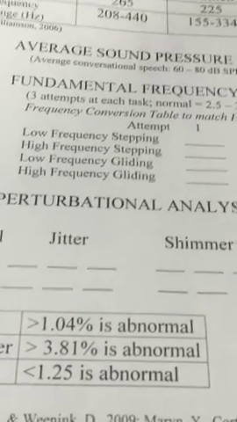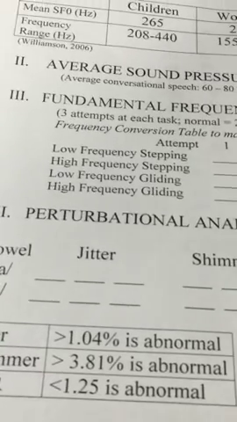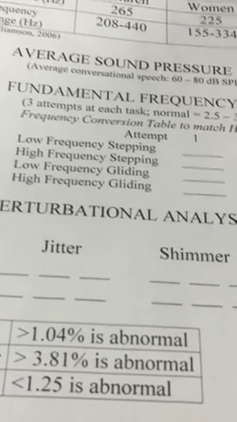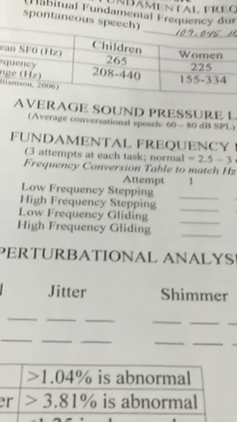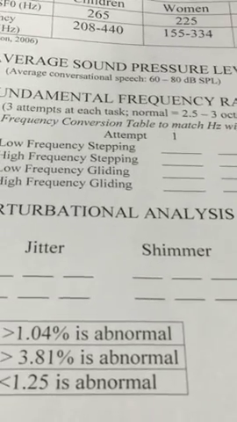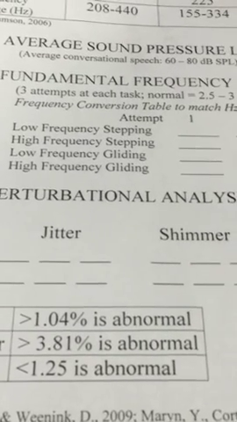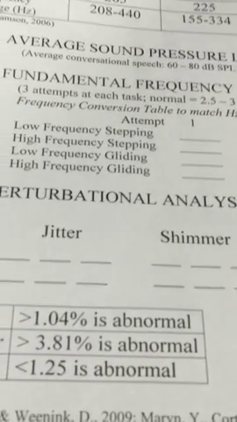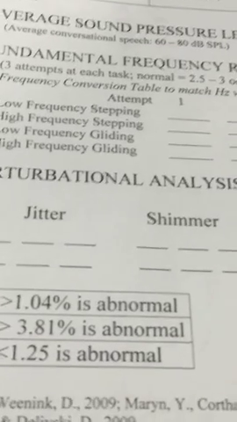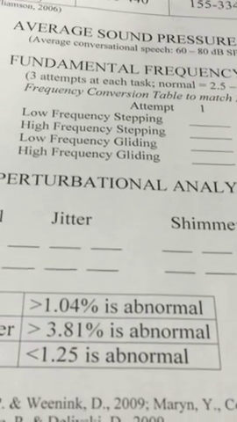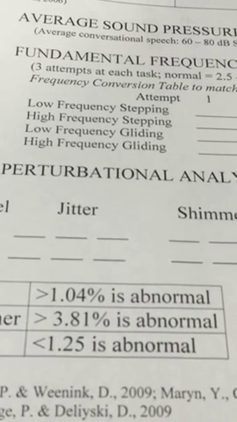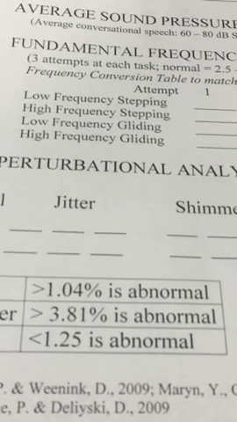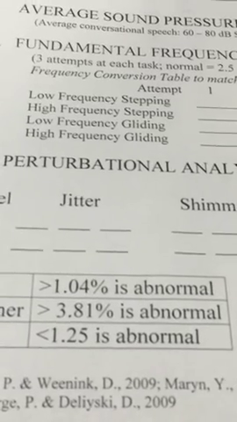So for low frequency stepping, what you're going to have the client do is you're going to tell them to start at their lowest note, and you can have them do an ah. Sometimes it's easier for some patients to do la, and then for some, if it's still just that foreign to them, they're more familiar with the do, re, mi, fa, sol, la, ti, do scale, so you can have them do that as well.